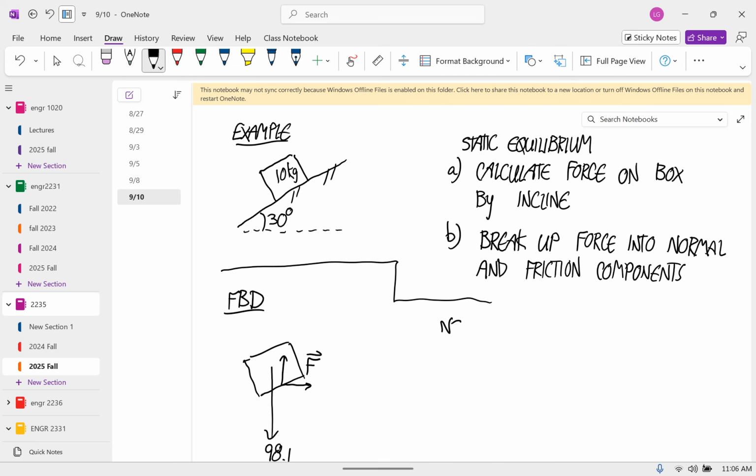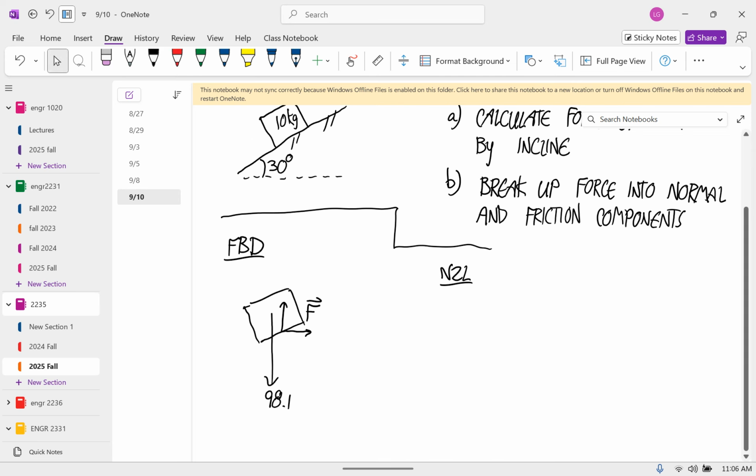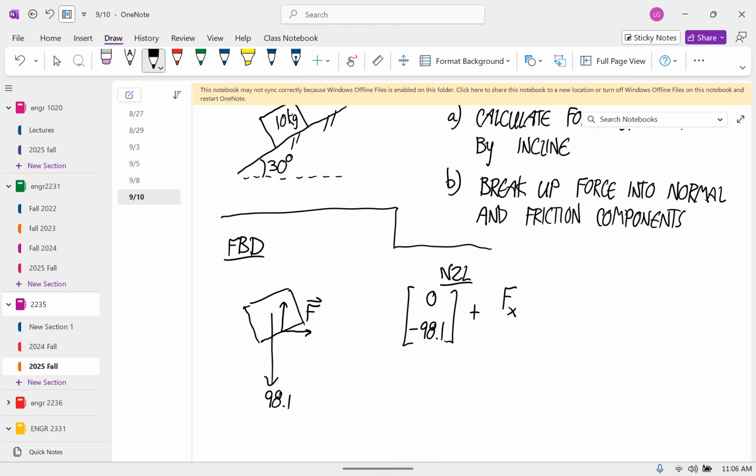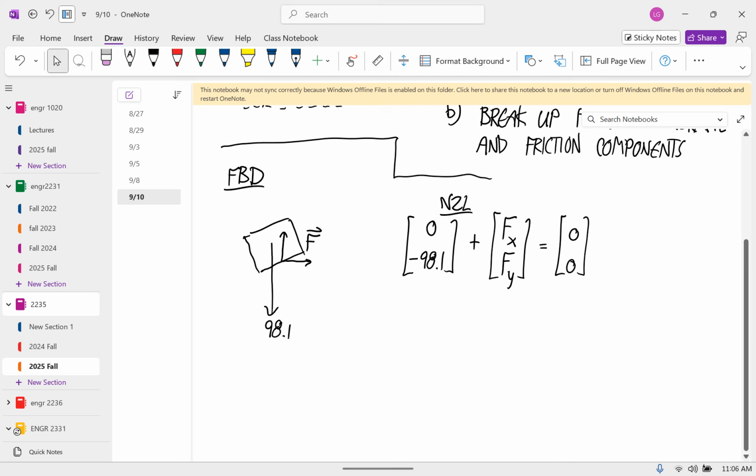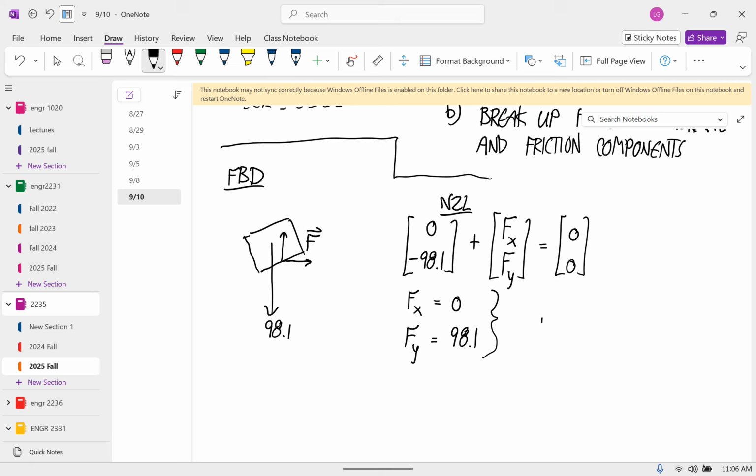And now we can go to Newton's second law. It says that 0, negative 98.1 plus Fx, Fy is equal to zeros. And so Fx is equal to 0, Fy is equal to 98.1. In other words, this force vector acting on the box from the incline is 0, positive 98.1.